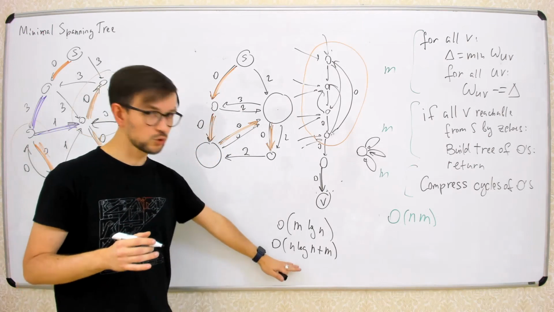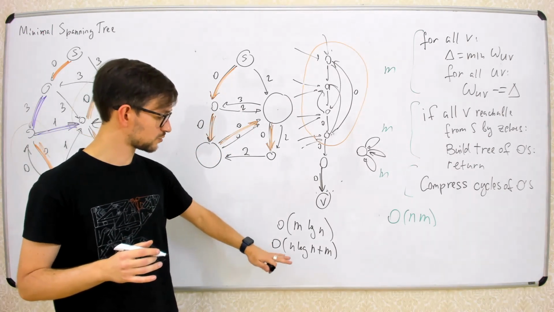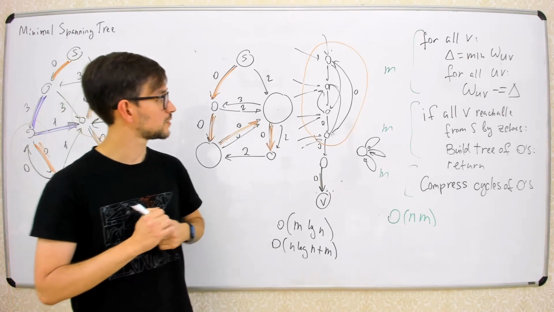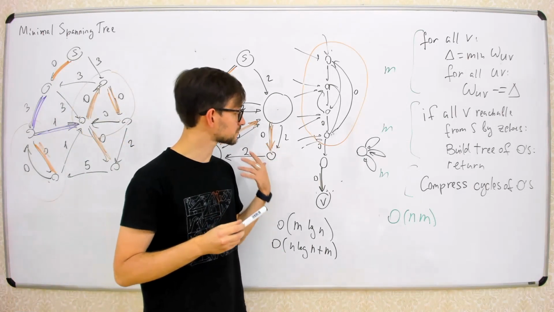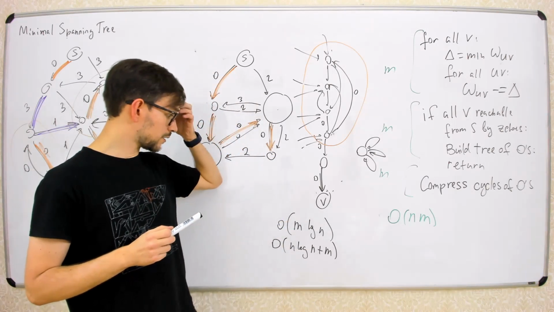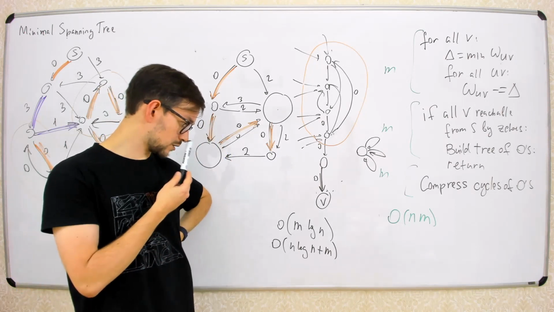So that's a cool algorithm. I highly recommend reading the paper about this algorithm if you're interested in this topic, but it's complicated. You can do this, but it's complicated. I'm not sure if it is possible to make it faster than this time.